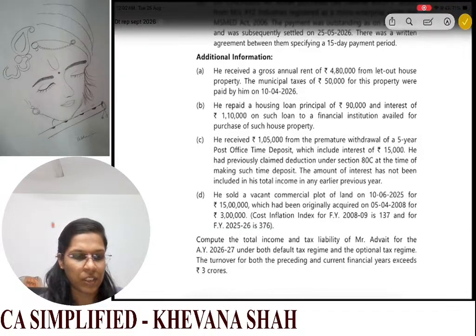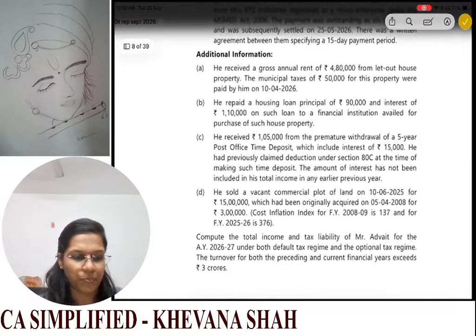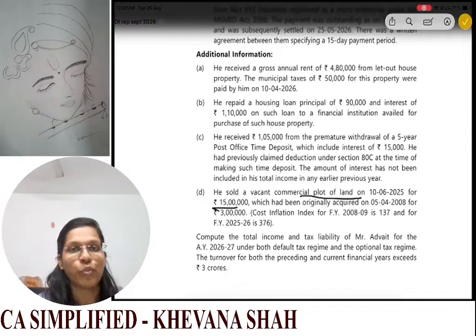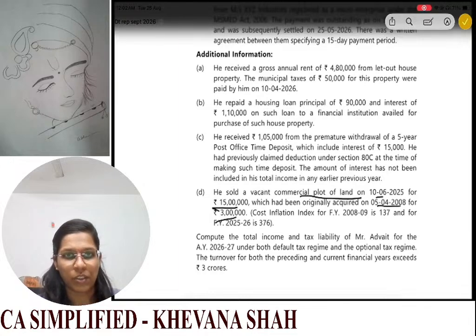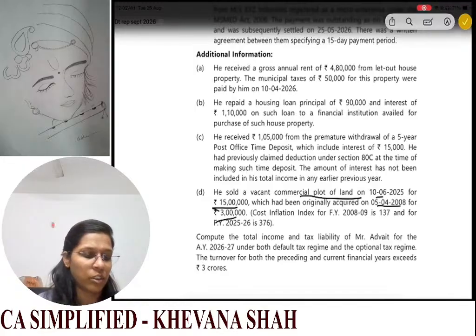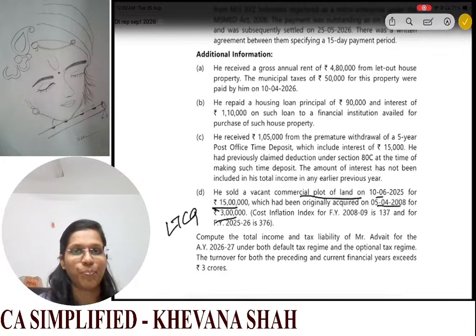Now we have a sale price for this commercial plot sold for 15 lakhs. Original cost 3 lakhs, acquired on 5/4/2008 and sold on 10/6/2025. So your holding period is more than 24 months. It is your long-term capital gain. Now we have to find the indexed cost of acquisition on 3 lakhs.